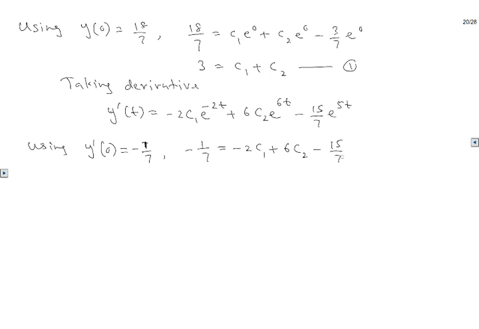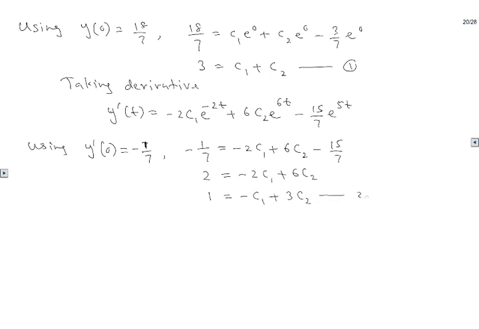Now we can bring this to the other side. Once you bring this onto the other side, what will happen? 14/7. 14/7 means 2 equal negative 2 c1 plus 6 c2. You can divide this by 2, so you're going to get equation 1 equal negative c1 plus 3 c2.